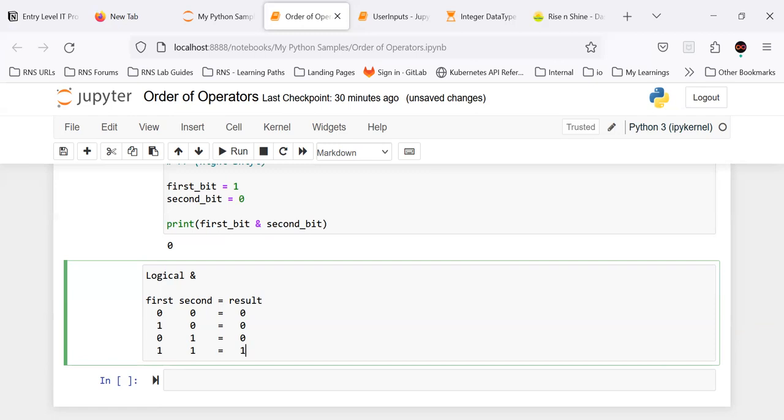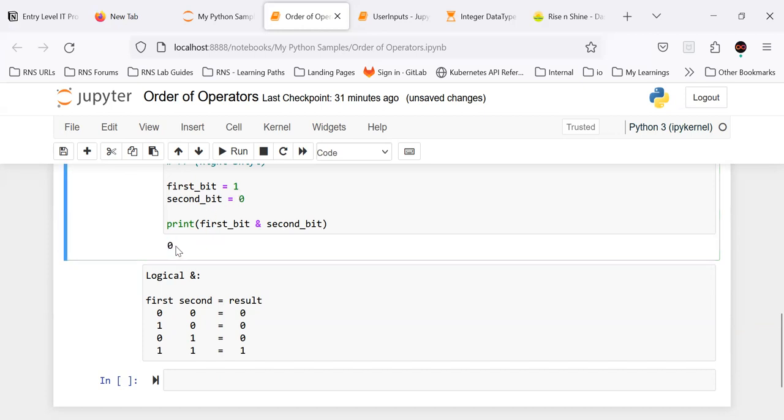Yes, this is about the logical AND operator. If both bits are 1, then the result is going to become 1. But in all remaining cases, it is going to return 0. That's why we got it. Here the first bit we have given is 1, second bit is 0. One of the bits is 0, then obviously the result is going to become 0.